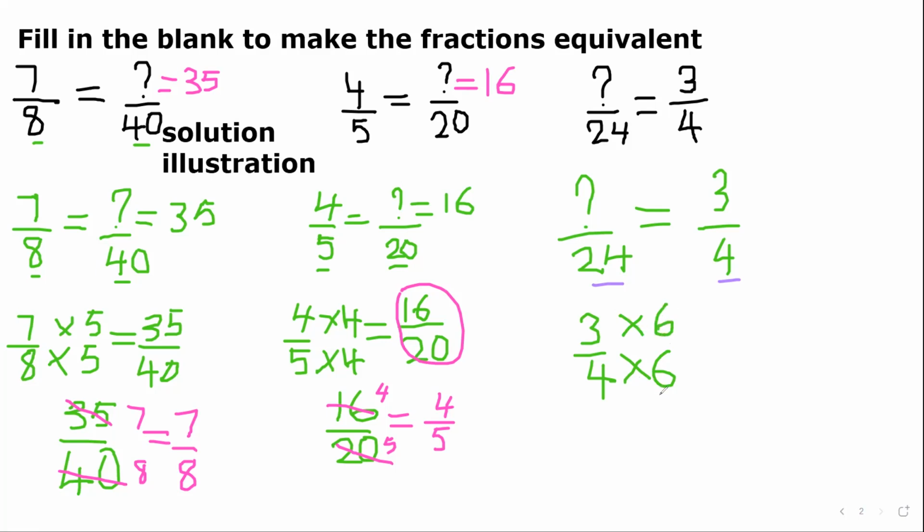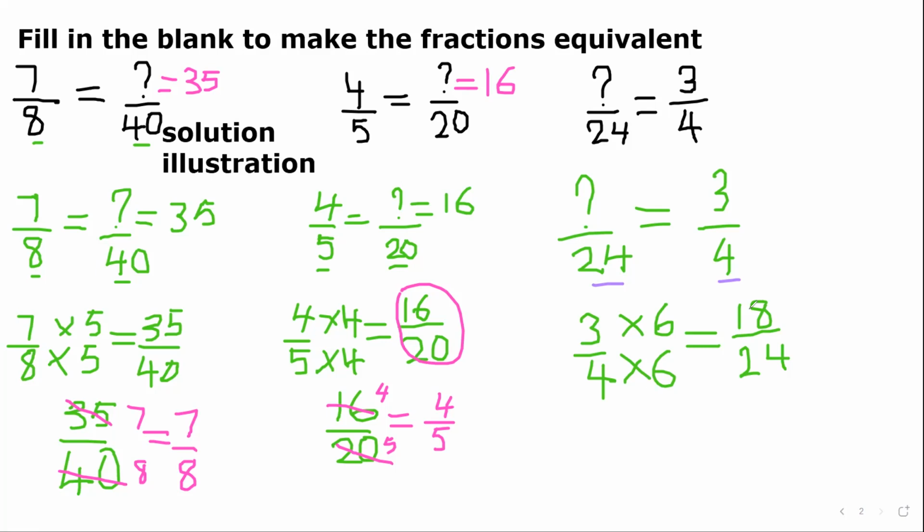Always the number used to multiply the denominator must be the same number used to multiply the numerator. And let's check this one here. So when you multiply the numerator, 3 times 6, which is 18 out of 24. Okay, good.